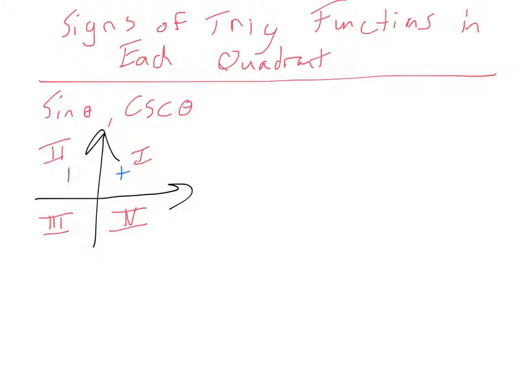Oh, for 2, sorry, I was going the wrong way. 2, yep. And then these are both negative, yeah. Okay, so for sine and cosecant, that's where it's positive and negative. For secant theta and cosine, I should say.